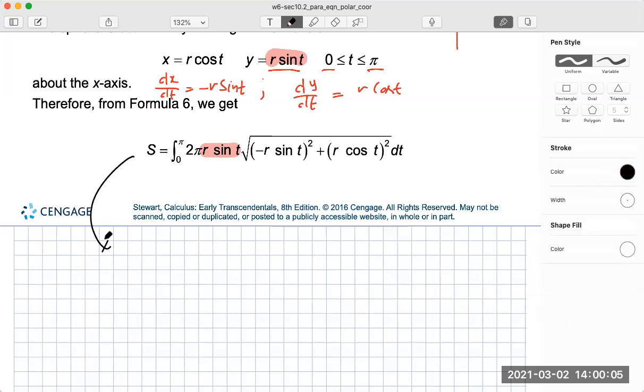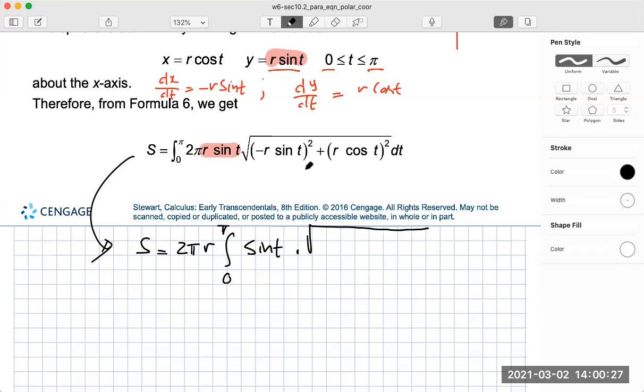From here, we know that the surface area would be the integral. 2 pi r is constant, right? They are constant, so we can take it out of the integral here. Sine t here.